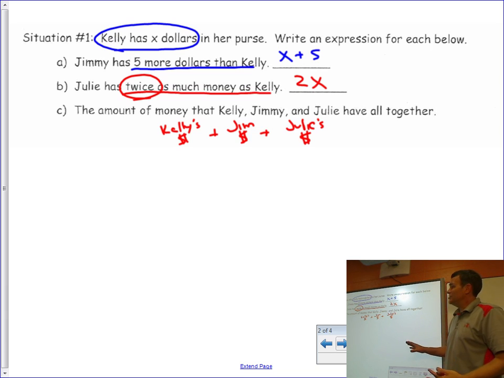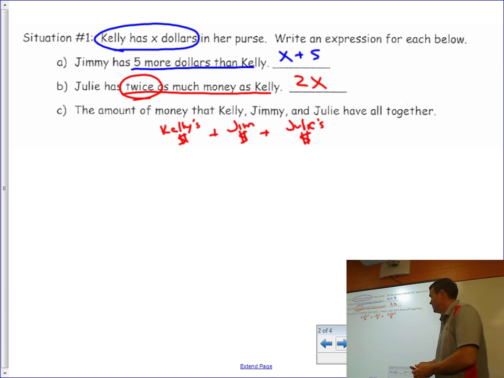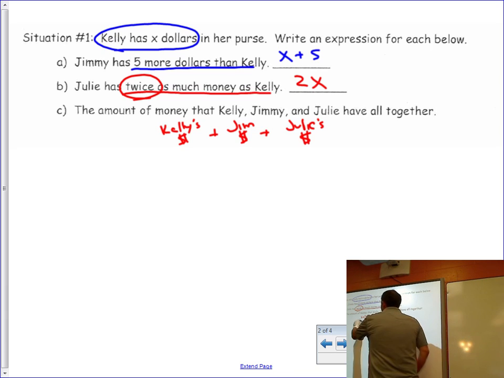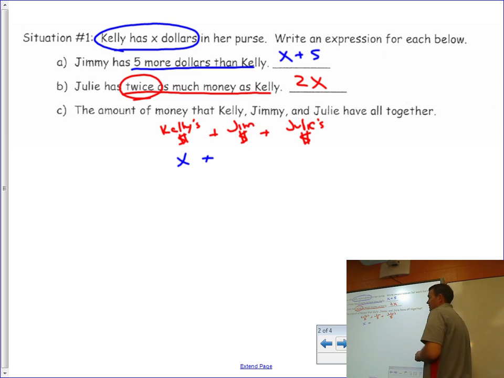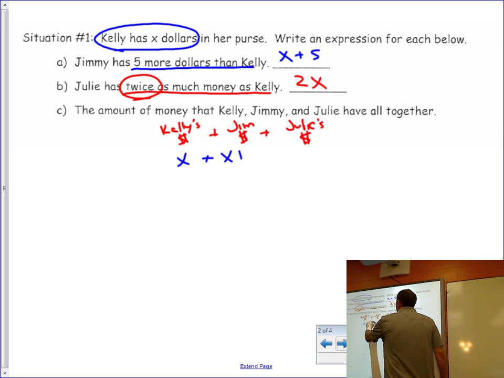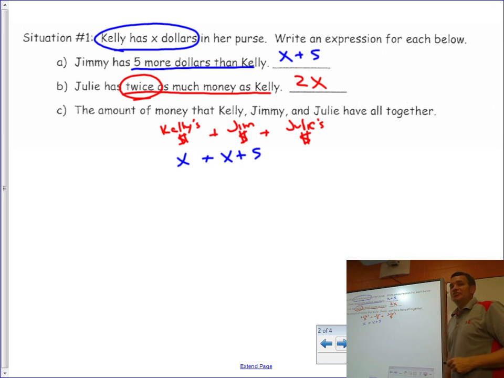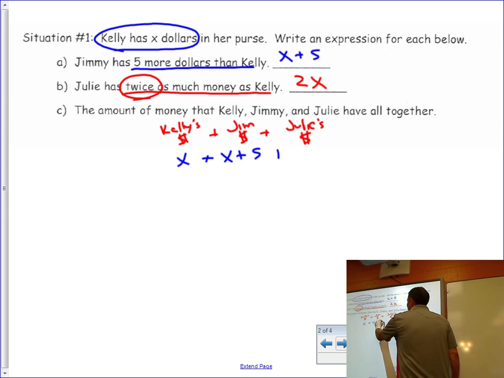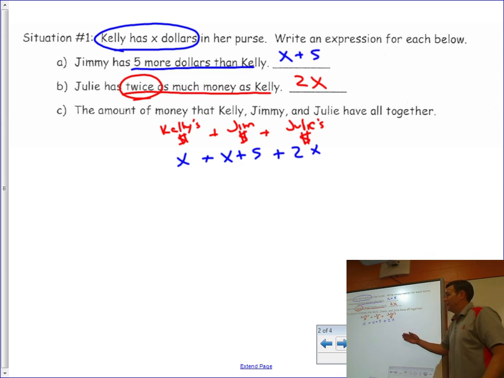So I'm going to take each of their expressions and substitute them in. That would be X, that'd be Kelly's money. Jimmy's money would be X plus 5, and Julie's amount of money would be 2X. There is an expression that represents how much money they have all together. X plus 5 plus 2X.